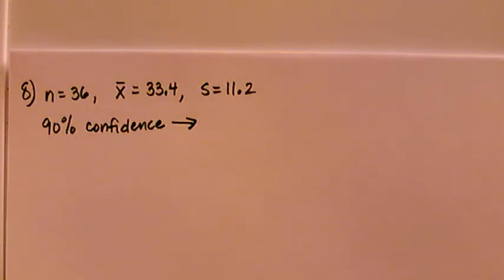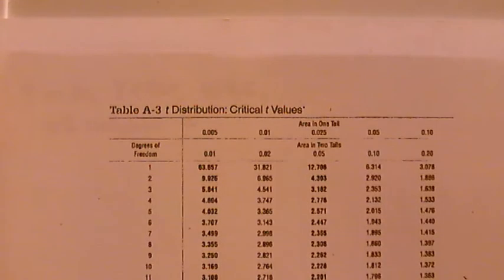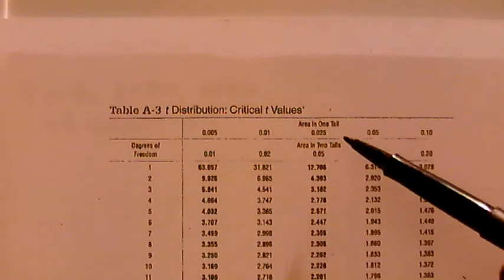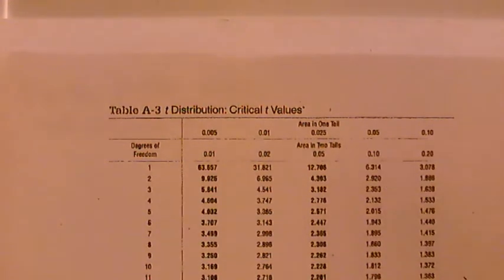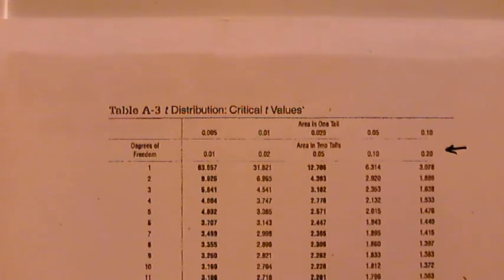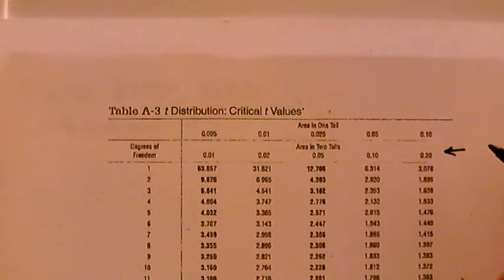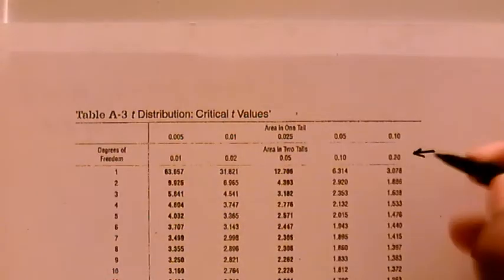Now, on your table, under area in 2 tails, you will see the area in 1 tail and the area in 2 tails. With a confidence interval, you always use the area in 2 tails. Always, for a confidence interval. And in this case, these are your alpha levels here.